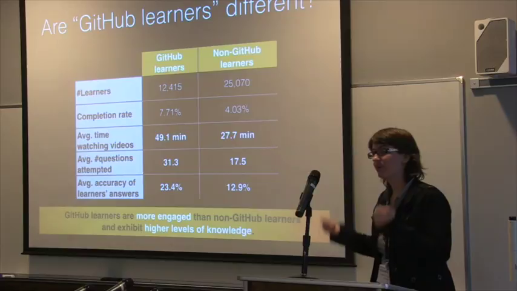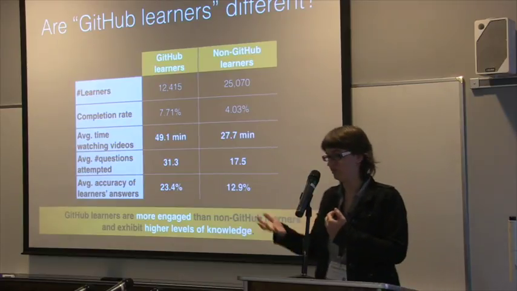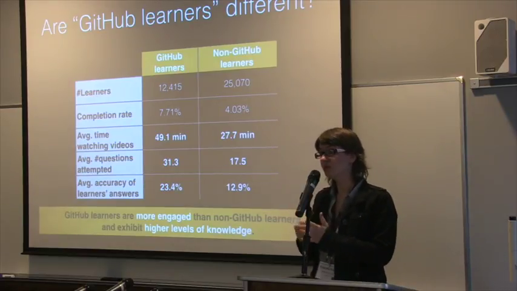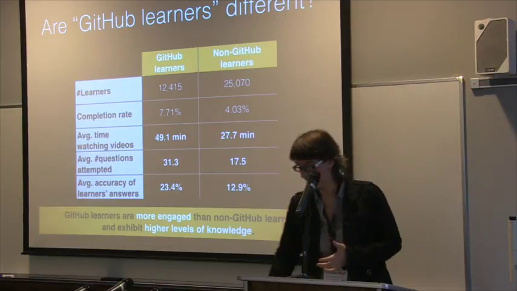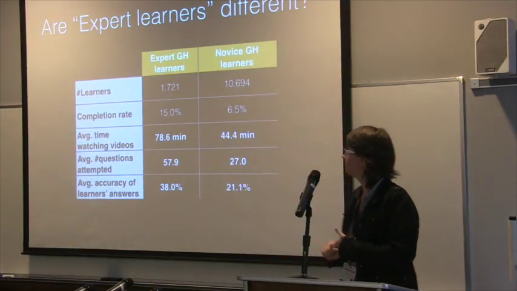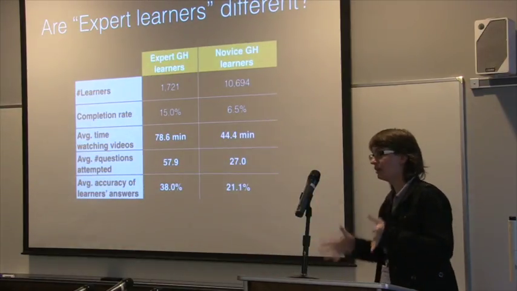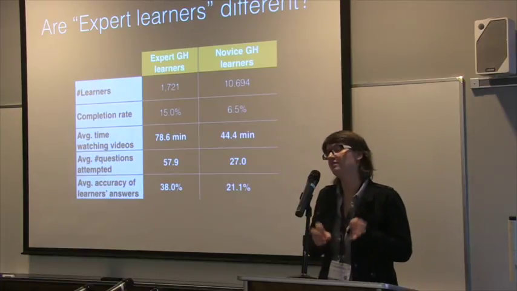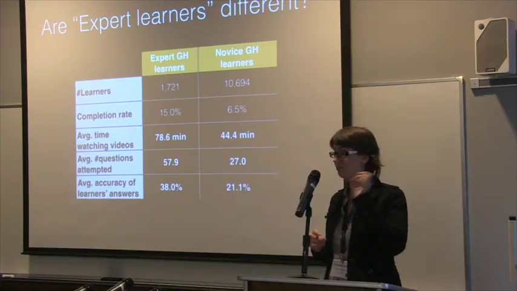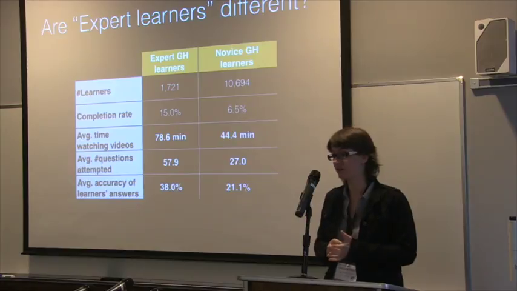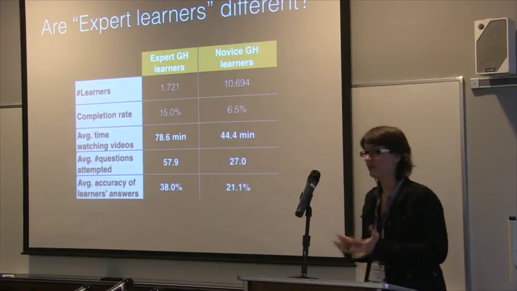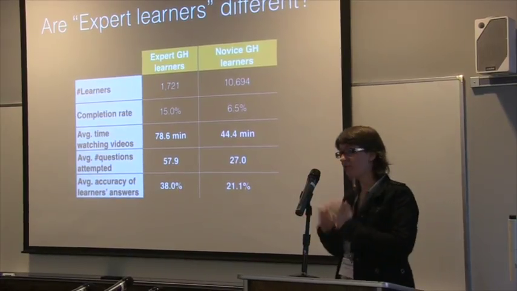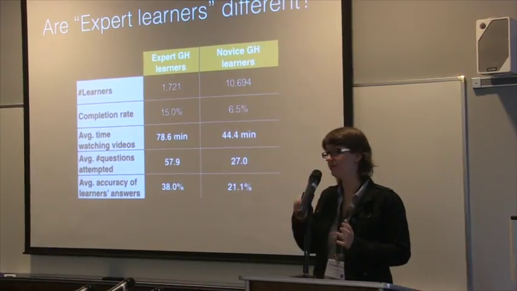Now, in the next step, we went one step further, and we only looked at these learners from GitHub. And we divided them into 2 groups. One group where we knew these people had programmed functionally before the course started, which we call the expert learners. And then we had the other group, all the people who had never programmed functionally before the course.